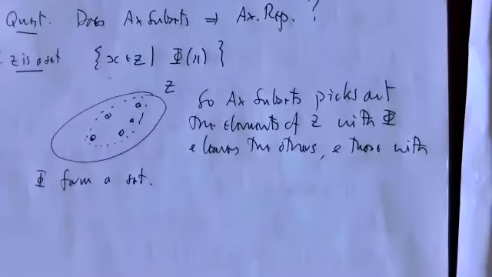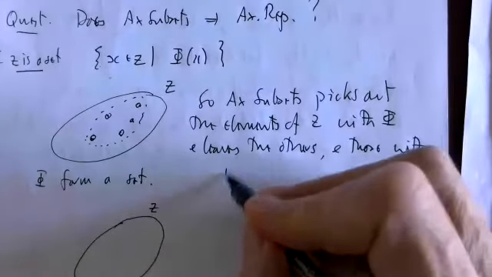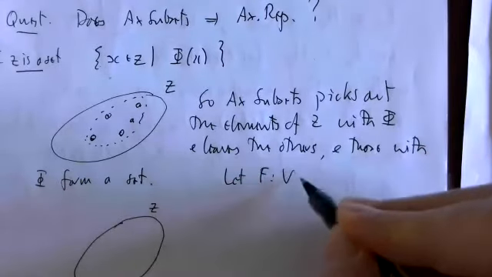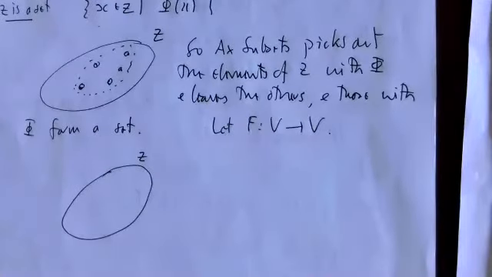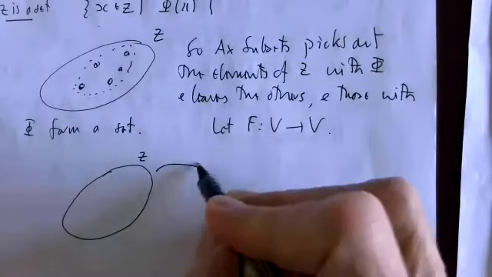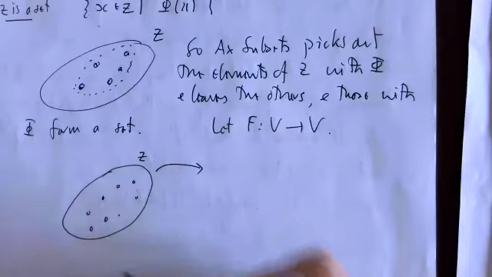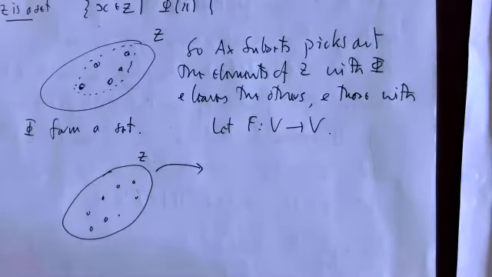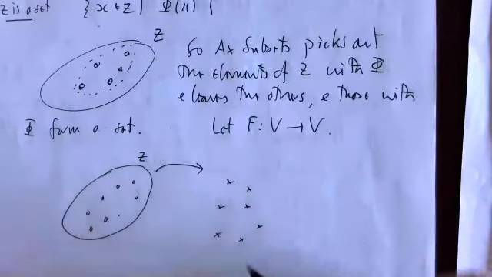The axiom of replacement is saying something else. Here's a set Z. I've got a function f. It's saying I apply f to all of the things in Z, and I've got another collection of things which result.